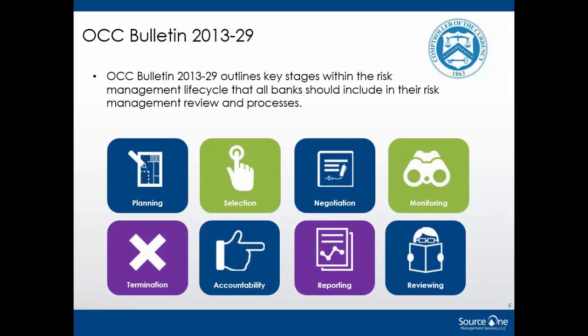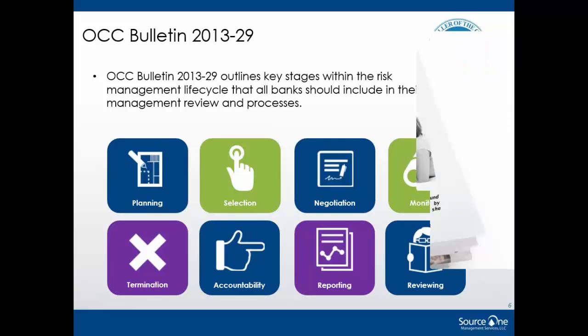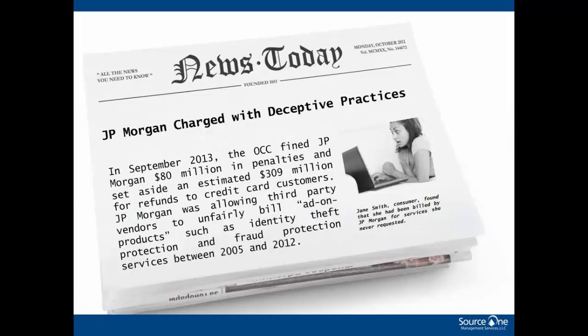Even with that, I've talked before about findings around the CFPB. We're finding the same with respect to the OCC as well. There have been a number of these kinds of findings in the news around credit cards and UDAP, but I want to highlight this one in particular, where JP Morgan was ordered to refund customers in the amount of $309 million and pay an $80 million fine as a result of their cross-sell activities.